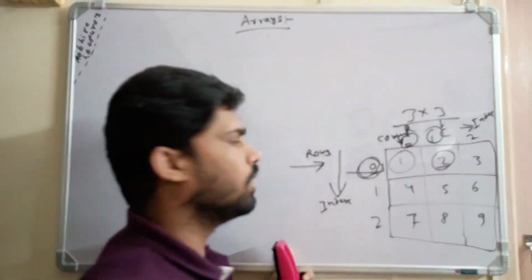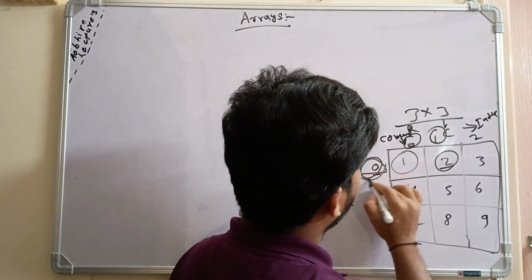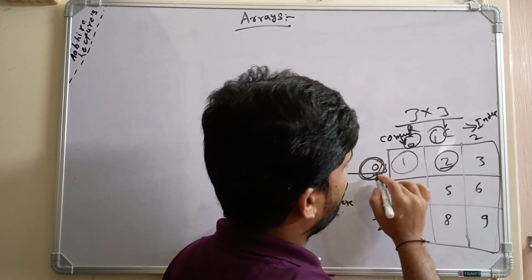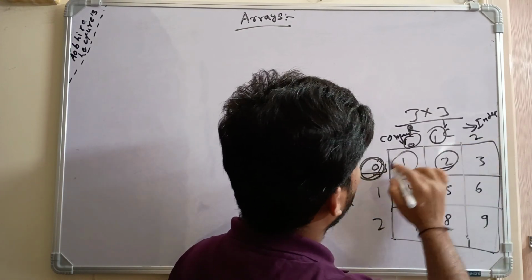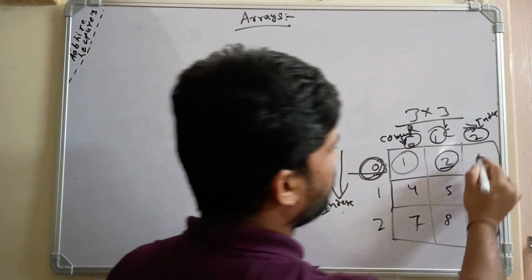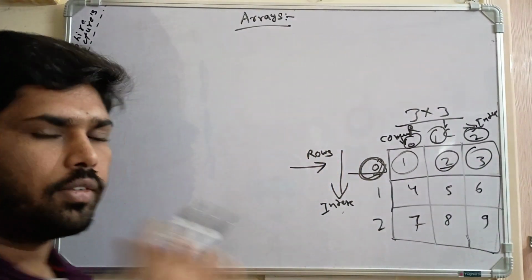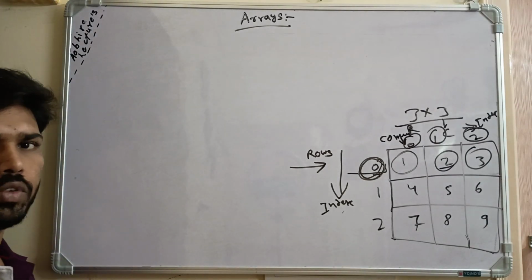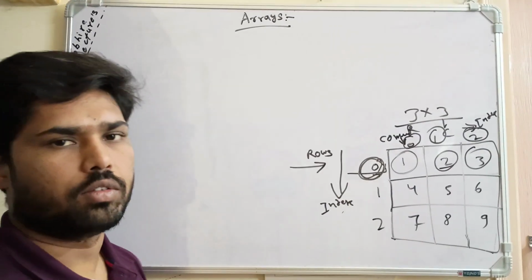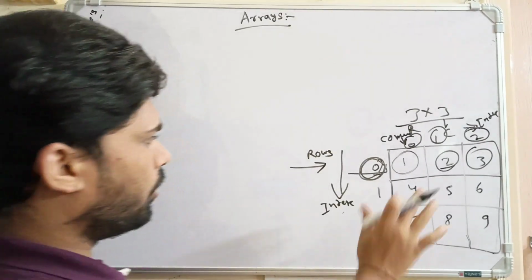Understand? Next, index 0 for row, the first row, and again column index 2, what is the value? 3. Like that we can understand, right? This is the concept. Same things we will see in programming also. Up to here clear?